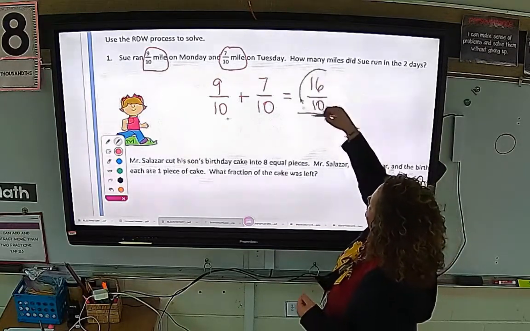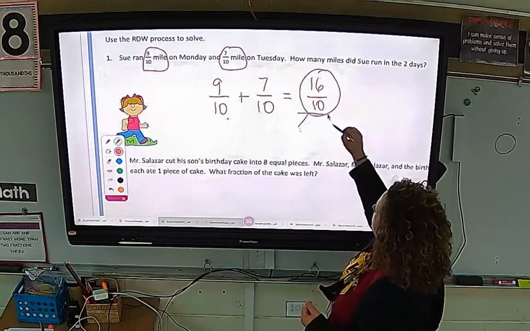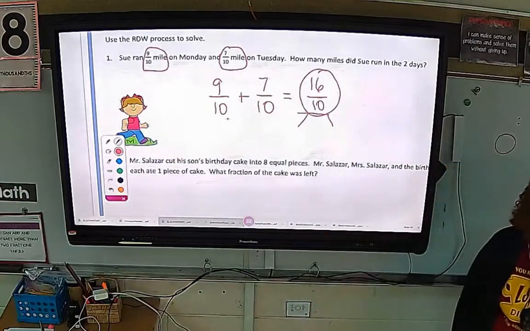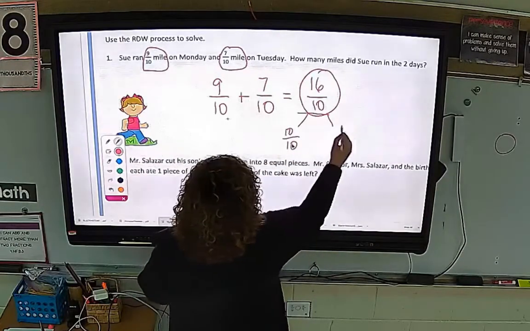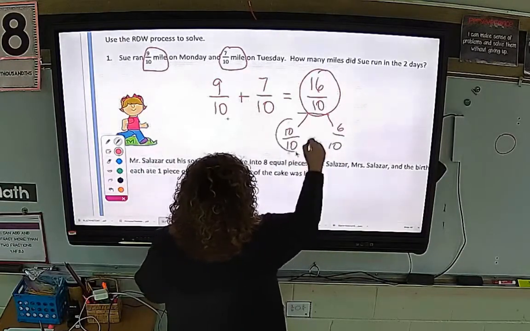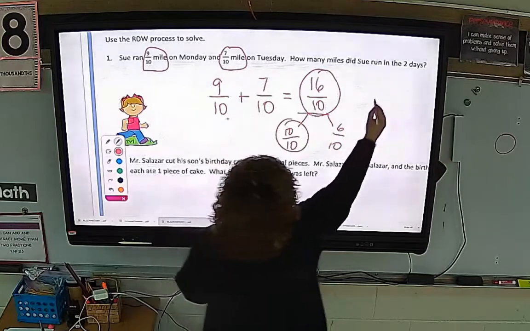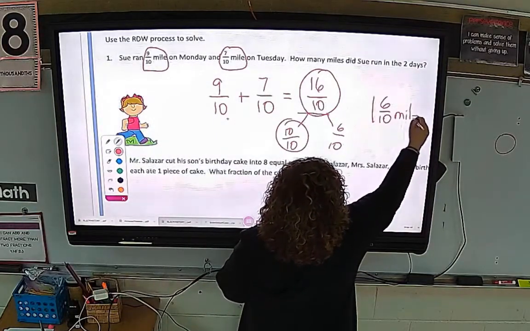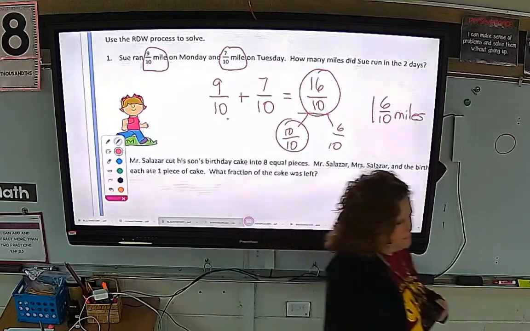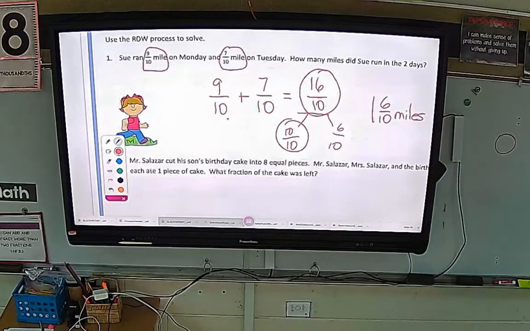All right, but if we change that to a mixed number, like we're going to have to, what would it be? 1 whole and 6/10. So 1 and 6/10 miles. Okay. With that label, that's a complete answer there.